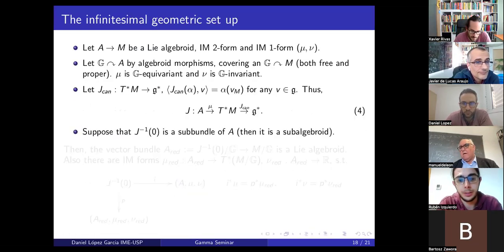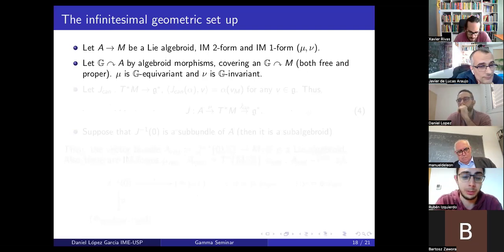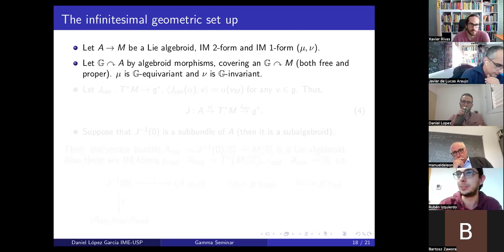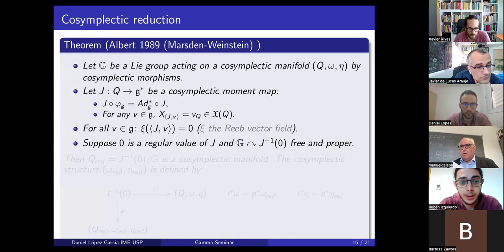And usually when you do Poisson reduction by symmetries and you ask for the existence of the momentum map, what you're really doing is symplectic reduction on each symplectic leaf, because you're asking for the infinitesimal generators of the symmetry to be tangent to the symplectic leaves. So I was wondering whether these symplectic leaves have a very specific structure in the case of cosymplectic groupoids.